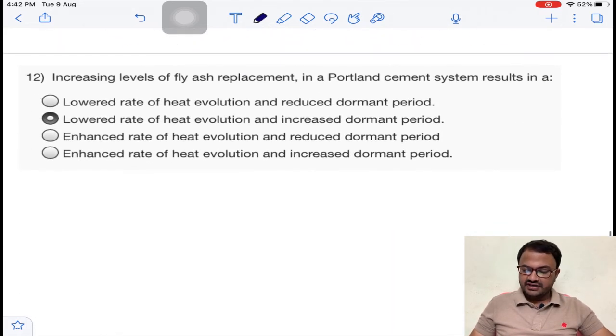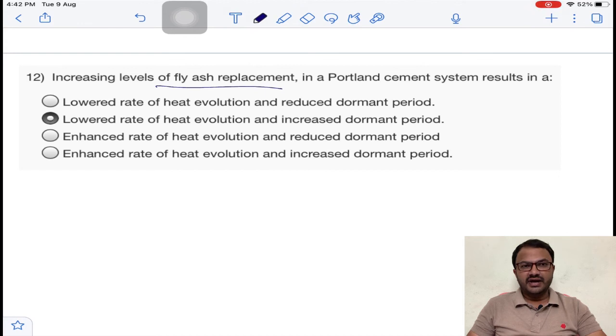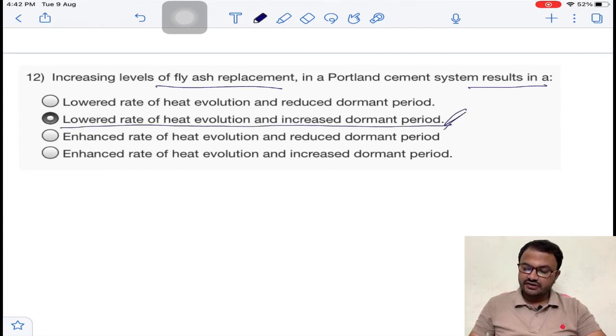Coming to the final question: increasing levels of fly ash replacement. In ordinary Portland cement, we are adding some amount of fly ash. What will it result in? Obviously, a lower rate of heat of hydration and an increased dormant period.